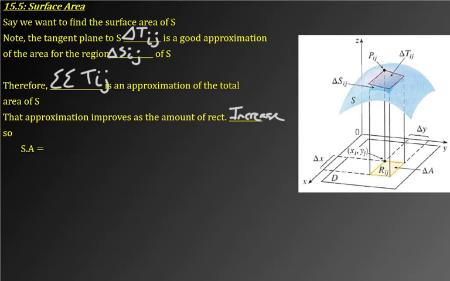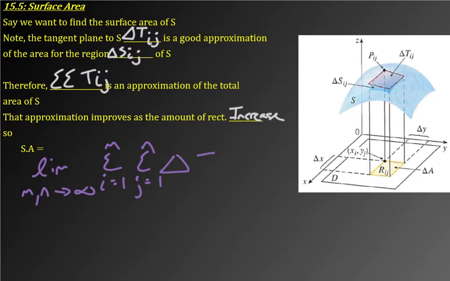So if we want to let the number of rectangles increase, that implies we need some sort of limit. So the surface area is going to be a limit. I'm going to use m and n and let those go to infinity. We're going to sum from i equals 1 to m for one of them, and j from 1 to n, over all these T sub ij's.